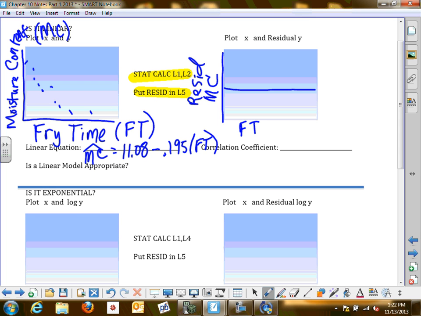And it had a correlation of negative 0.9275. Now, incidentally, if you saw a negative 0.9275, what would you think about that linearity? Yes, strong negative linear correlation.